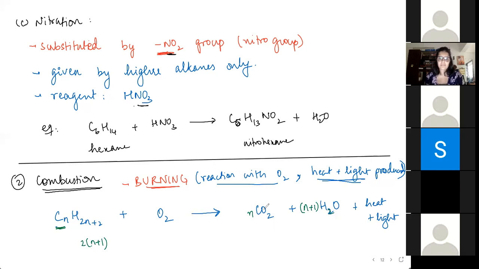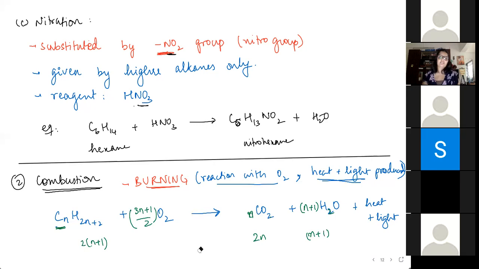So यहाँ पे NCO2 है, have a total of 2n oxygen, n into 2, and n plus 1 oxygen in water, n plus 1 into 1. यहाँ पे O2 है, मतलब you just add both of these, so you get 3n plus 1 by 2.